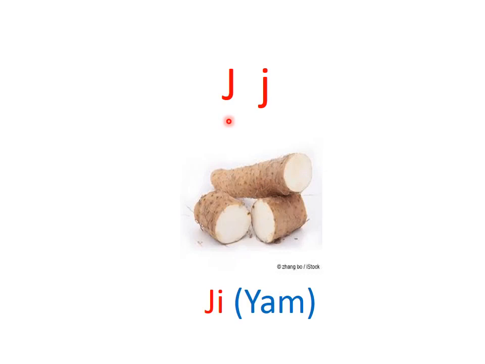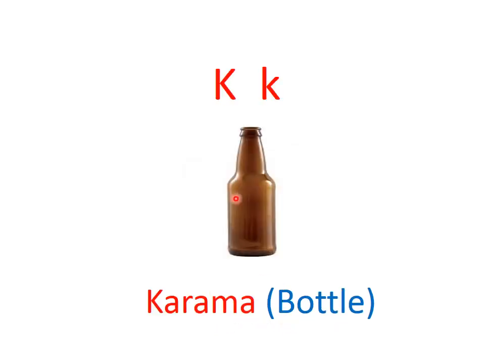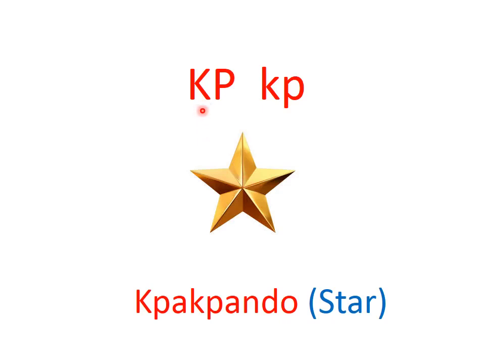J as in G, yam. K as in karama, bottle. A variation of K, KP, KW.